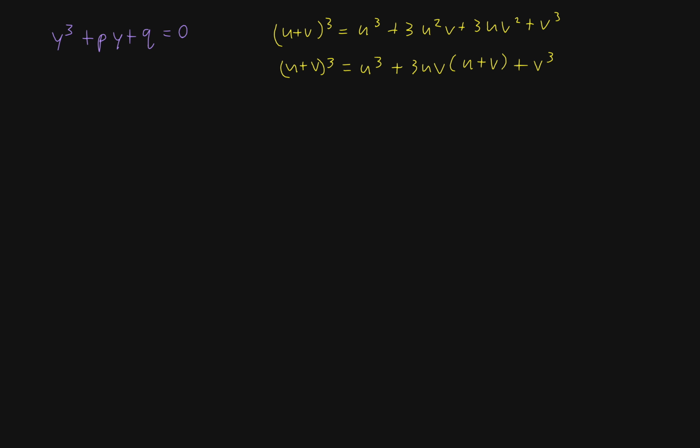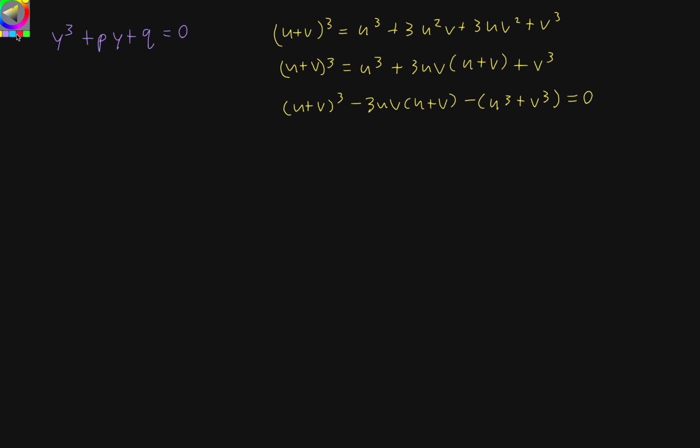Now from here, subtract everything to one side. We're going to have (u + v)³ − 3uv(u + v), and then these are grouped together, the u³ + v³. We're going to have minus (u³ + v³) is equal to 0.